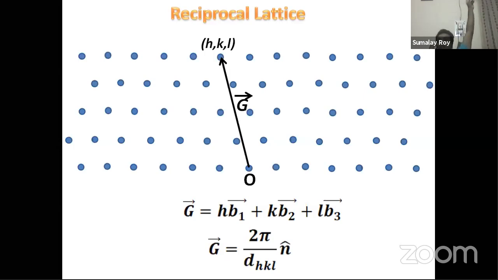This translational vector I discussed in my first class, that every crystal structure has this translational symmetry. Now, for this equation, n(R) equals n(R plus t), if you take a Fourier transform of this, an exponential factor comes up, exponential of i times some integer.